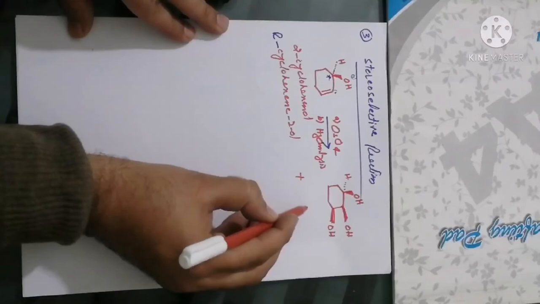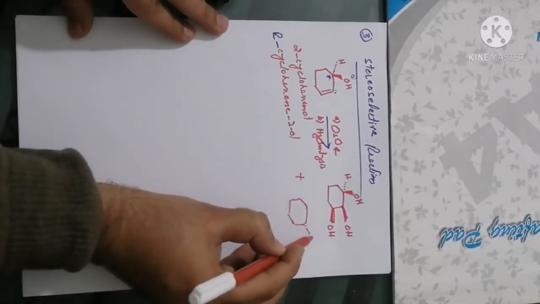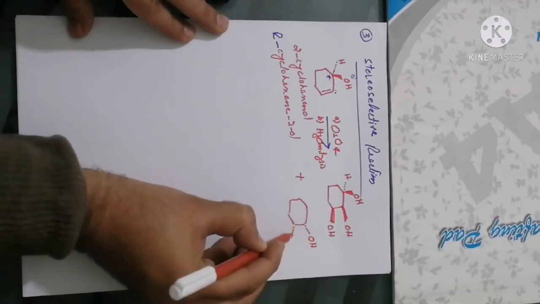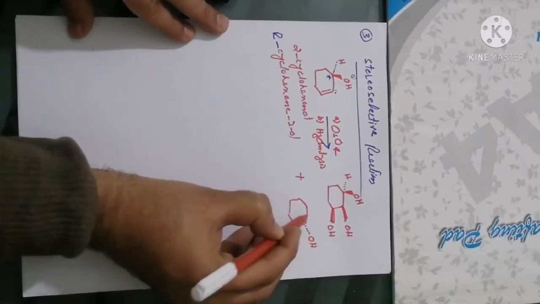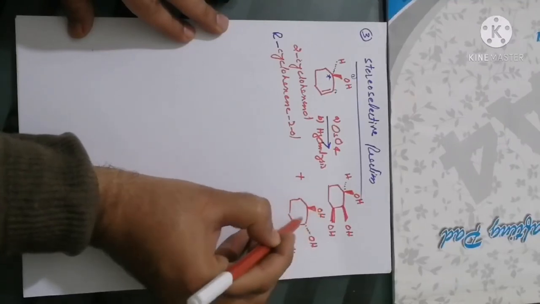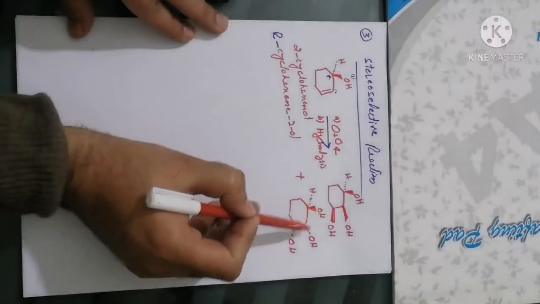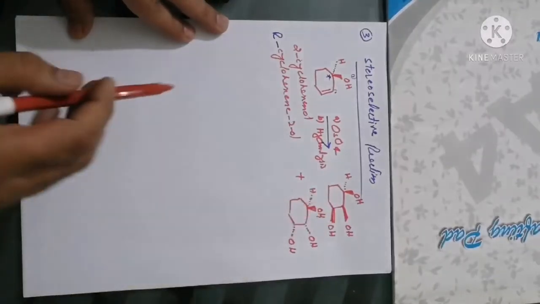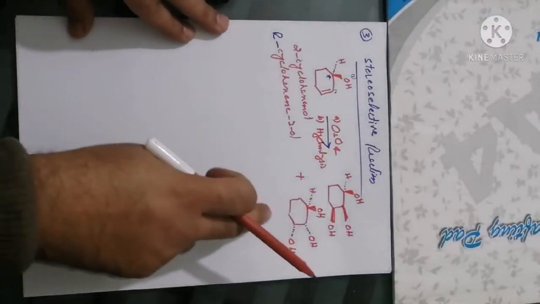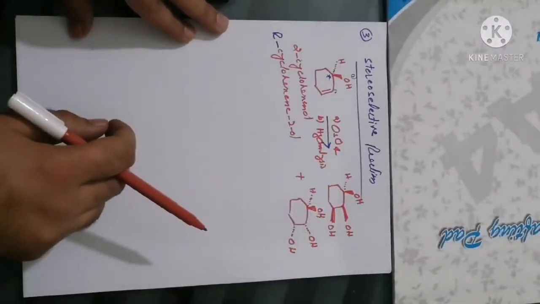And in the second product, these two hydroxyl groups are on the rear side of this double bond, or you can say opposite to this hydroxyl group. So we are going to have two stereoisomers.